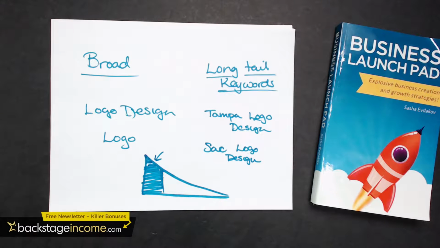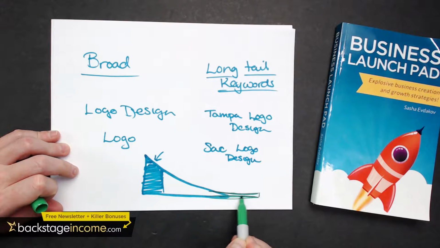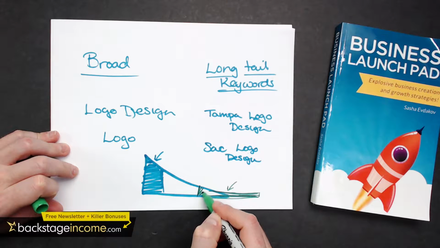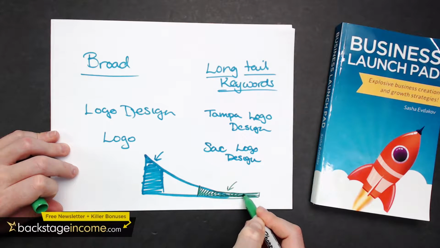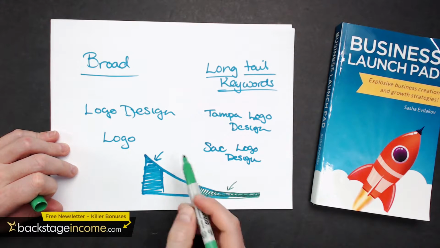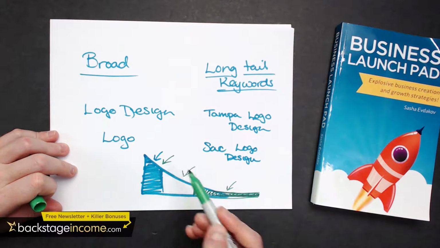But when it comes to long tail keywords, what search engine companies actually do is target the remaining little bit of percentages that are all the way over here. But remember that this part of all these long tail keywords is very specific and very targeted compared to this amount right here.